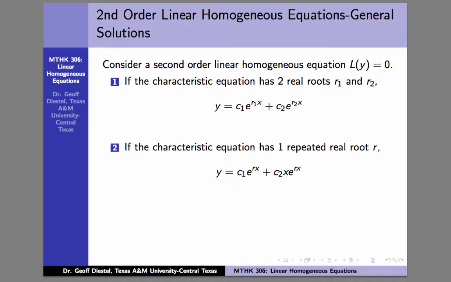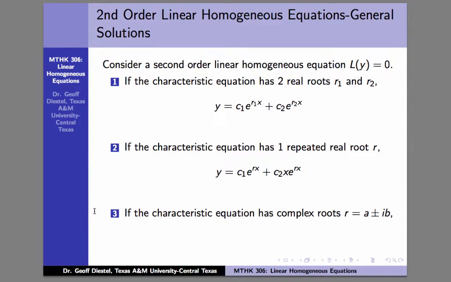So we took an educated guess, and determined that by simply multiplying the first term, e to the rx, by a power of x, we get the second term. And in a higher order situation, if you've got a factor like r minus 5 to some power, you keep adding terms like this, and you keep increasing the power of x for each term.